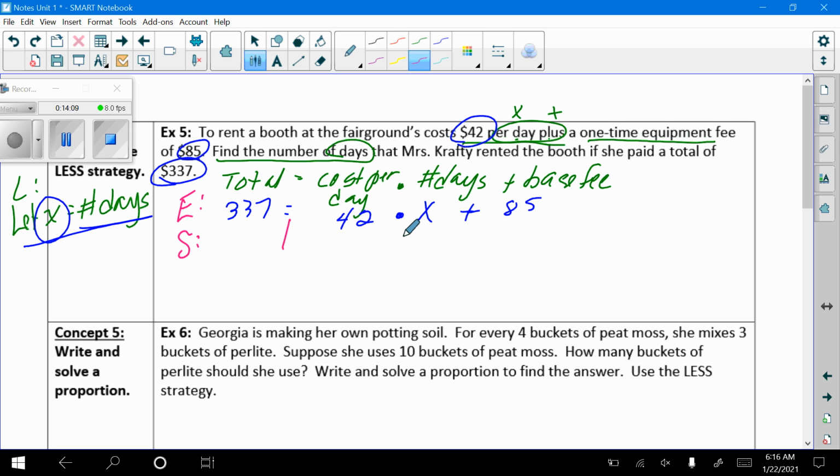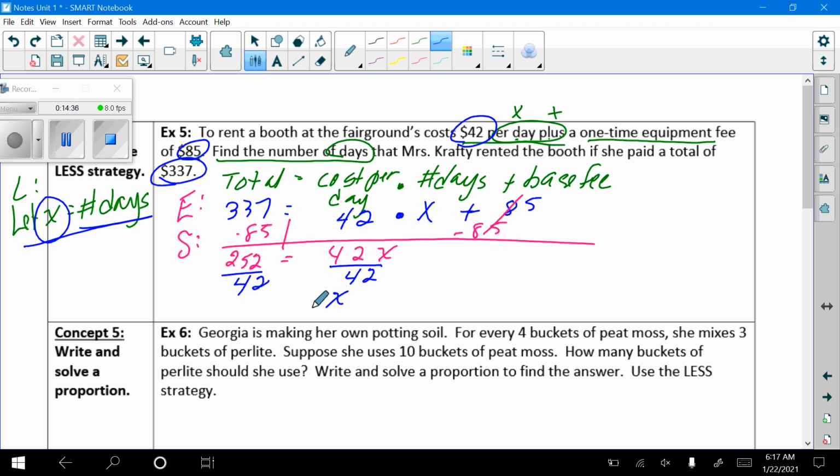So when we solve this, we're going to go minus 85, and we end up with 337 minus 85, I think is like 252 maybe, equals 42x, because the 85 is canceled. Now I'm going to divide by 42, and I get x is equal to 6, I believe.